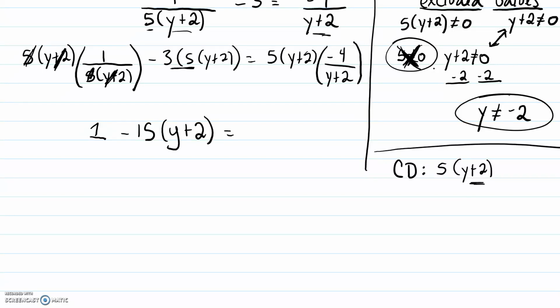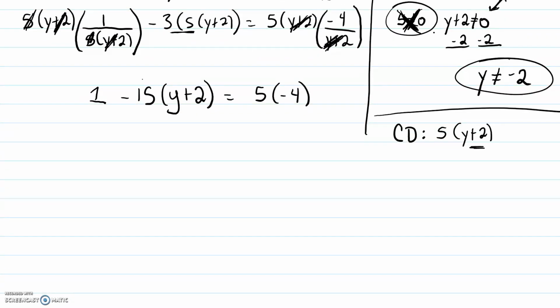Equals, we have a y plus 2 over y plus 2, that cancels out, leaving you with 5 times negative 4. Let's go ahead and continue multiplying. We're going to distribute. Bring down your 1. That's negative 15y minus 30 equals negative 20.